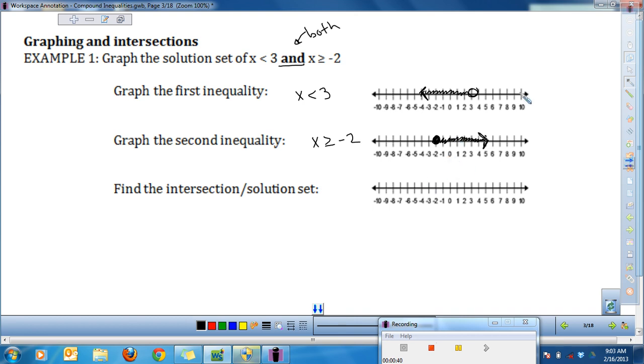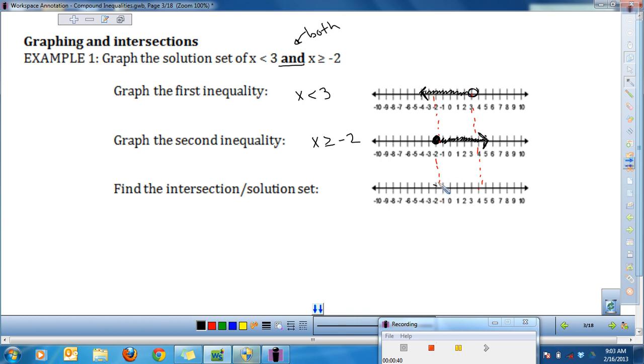Now I'm looking for the place where these two graphs intersect. So I'm going to draw a little line for myself that crosses at our dots. The dots are usually the boundaries of our solution set. Notice that these two graphs cross here. This is going to be our solution.